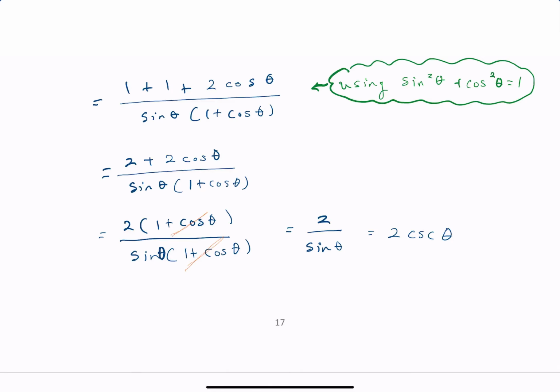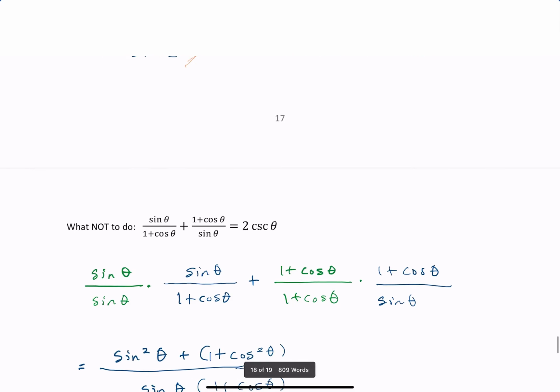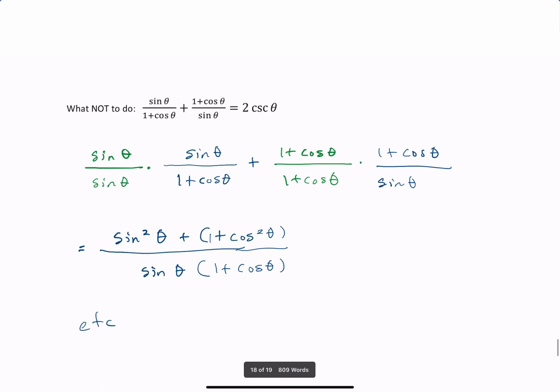I'd like to point out another thing not to do. So here's our identity again. In this work, I have not written down the original exact left-hand side. I've just launched into doing things to it. And that is not the proper form.